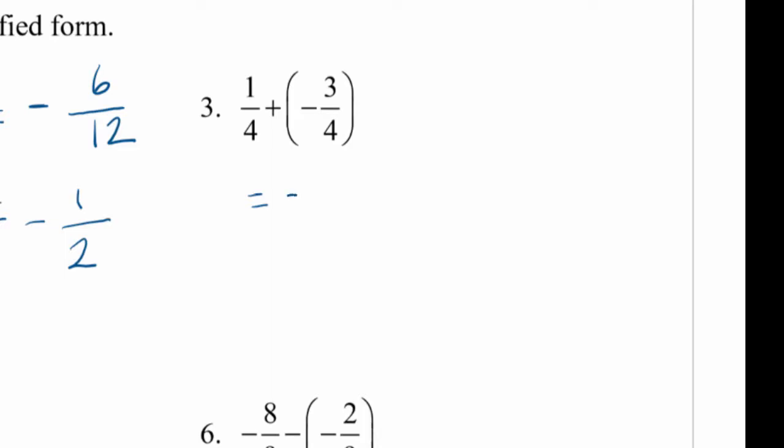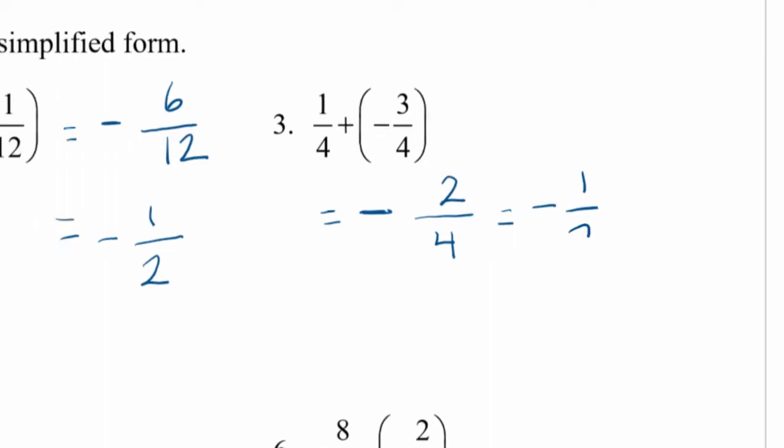So our answer will be a negative. We're going to keep the 4 denominator, and then you're going to subtract 3 minus 1, and that gives us 2. So as you know, 1 plus a -3 is a -2. So we get a -2/4 as our answer. And again, this can be reduced by 2, right? There's a common factor. So we reduce that to a -1/2.